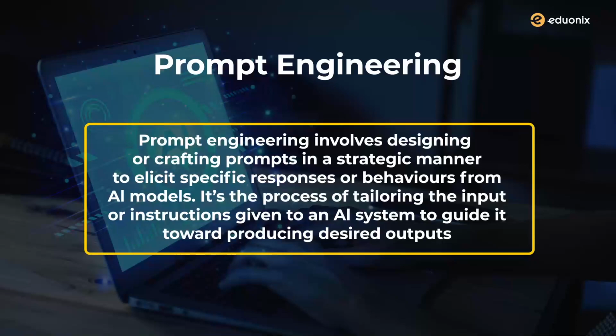But in simple words, it's about giving instructions to an AI tool to get the desired output. That's it. So it involves a technique of designing or crafting what we call prompts. What are prompts? Prompts are specific instructions that you give to a bot.